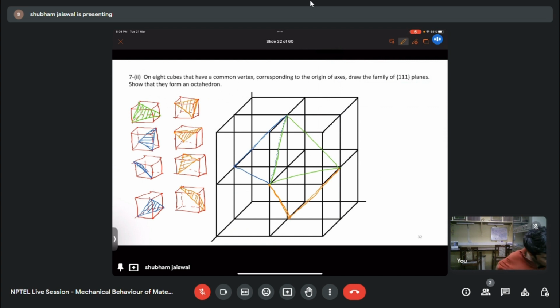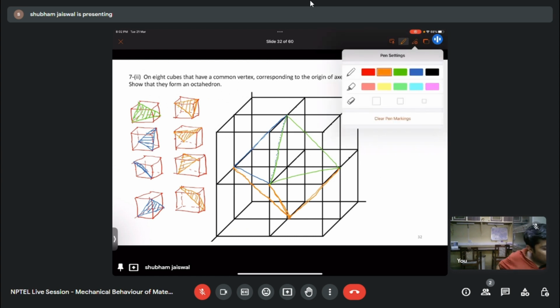And here also I'll get something like this at the bottom. So it will follow this plane.